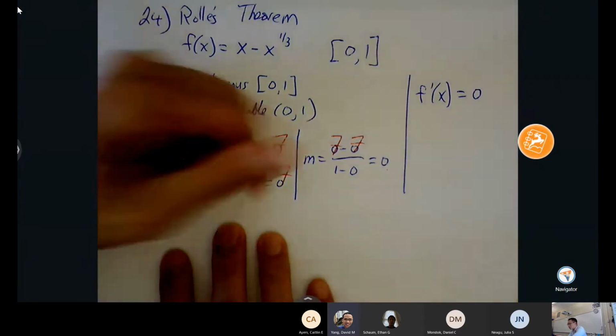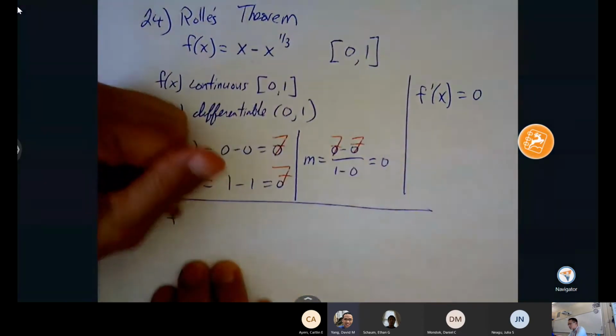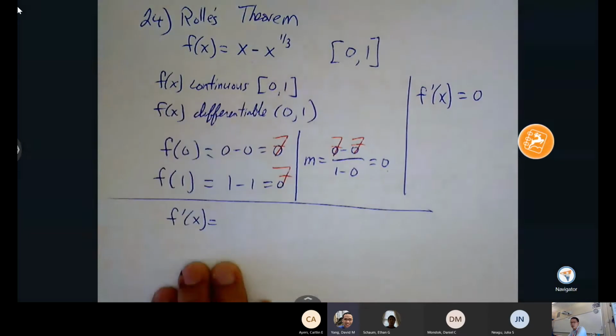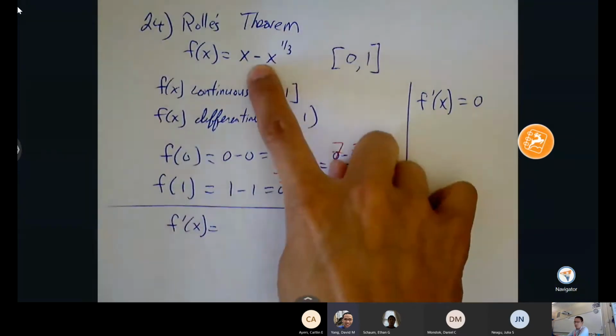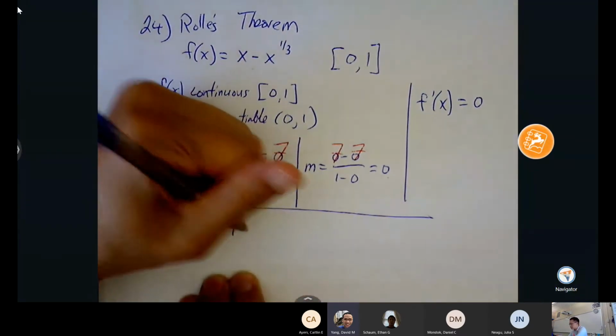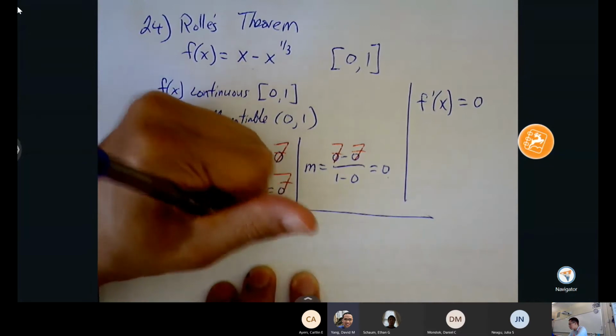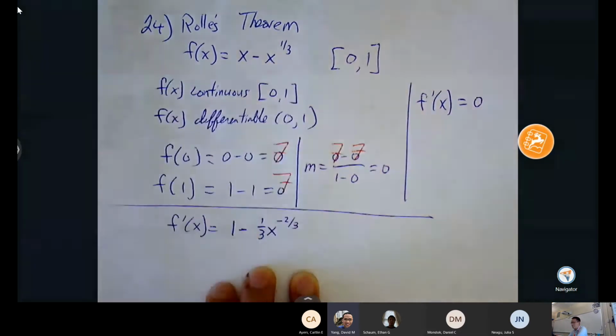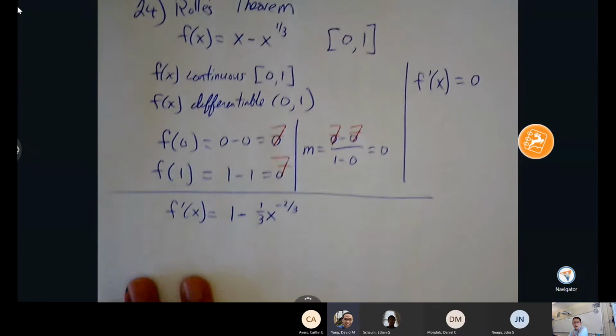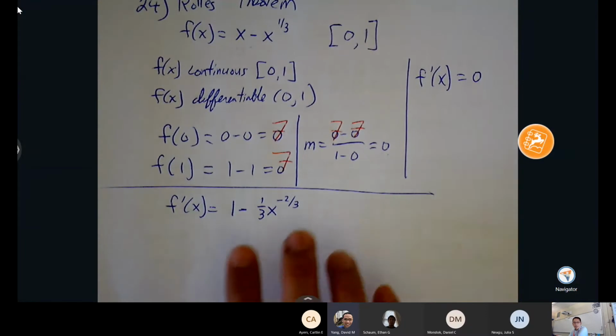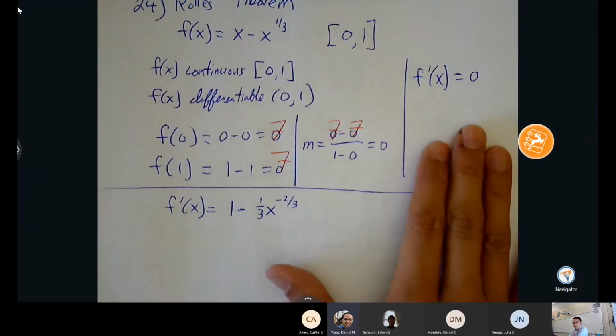All right, so next we're going to find f prime. We go through power rule. And we set f prime equal to 0.